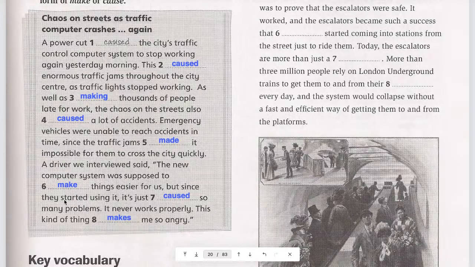Because things is a noun, and easier is an adjective. You can analyze that, things is a noun and easier is an adjective. So we need to use make, not cause. Very simple, right? And now, why do we need to use the base form of the verb make and not made?